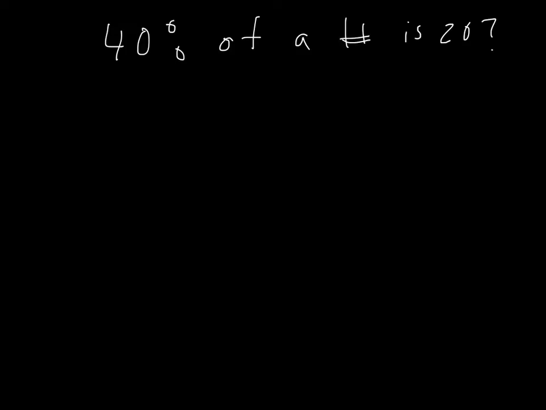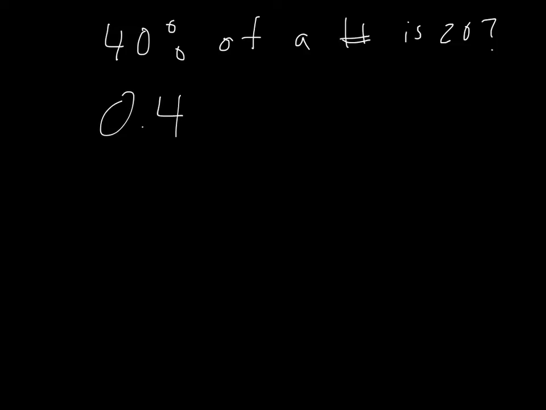4 times 5 equals 20, and then I put a 0 after the 5 because you have to move the decimal. Okay, so what you did is you got to 0.4.